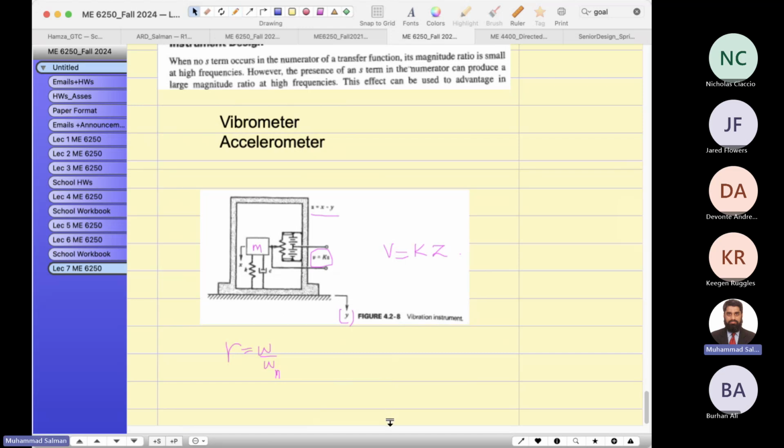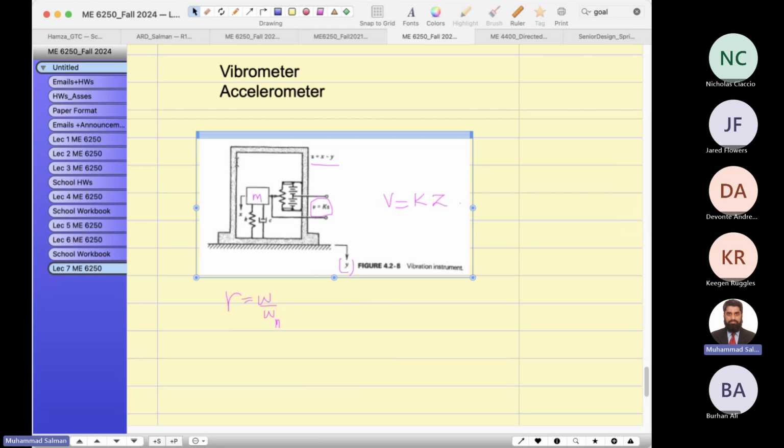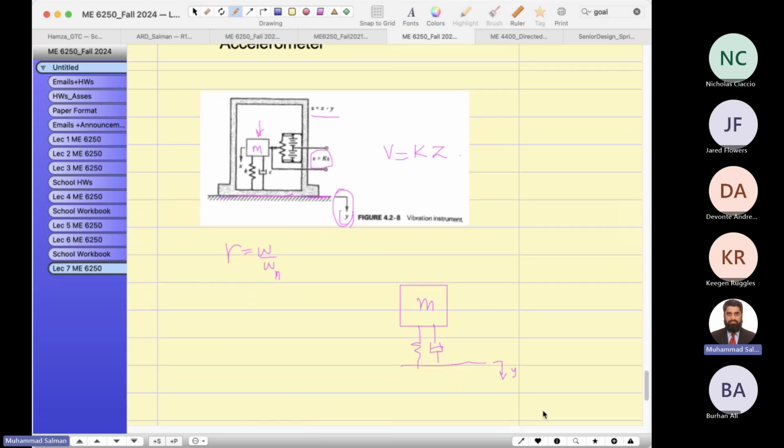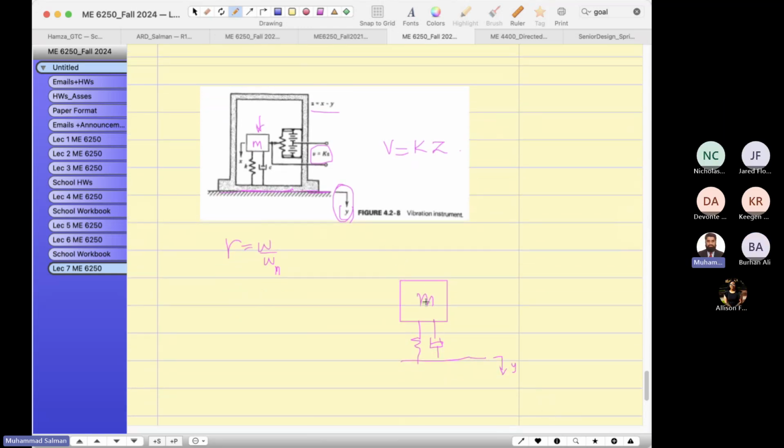So let's find out the mathematical equation. Let's start from the free body diagram of this mass. This mass has the spring here and the damper here, and the base is attached to this, which is also moving at a certain amplitude, and the mass itself is also moving at a certain amplitude.